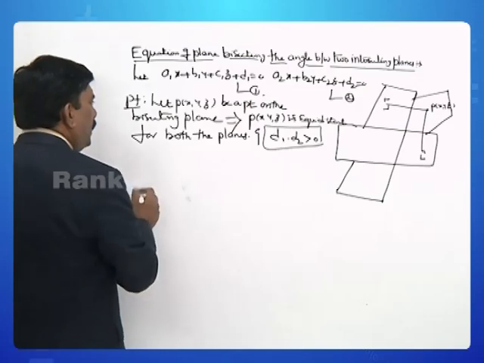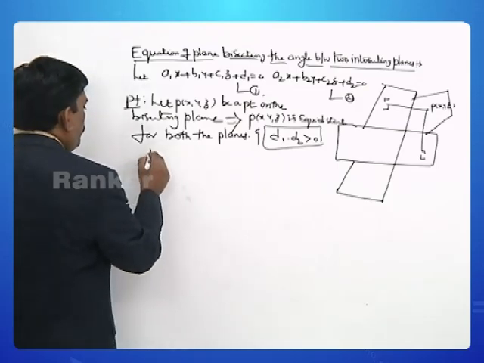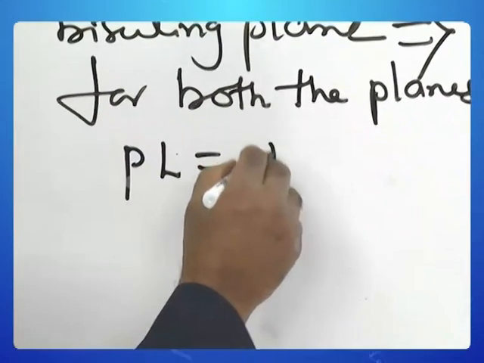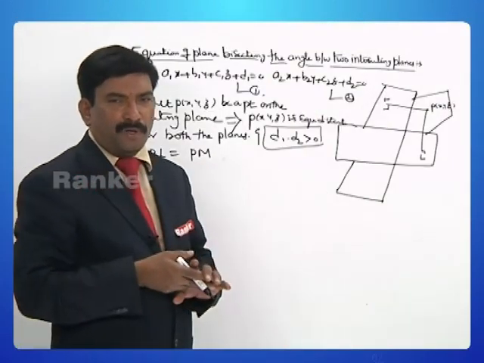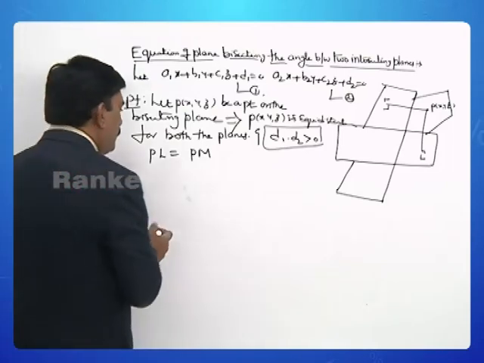So therefore, PL is equal to PM, where L, M are the feet of the perpendiculars.